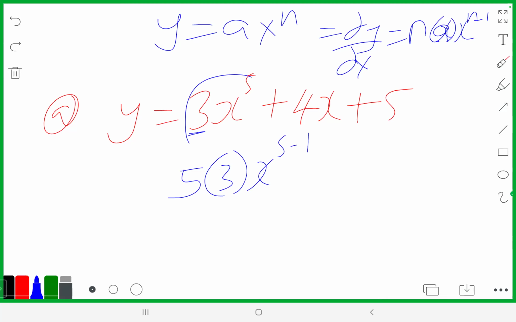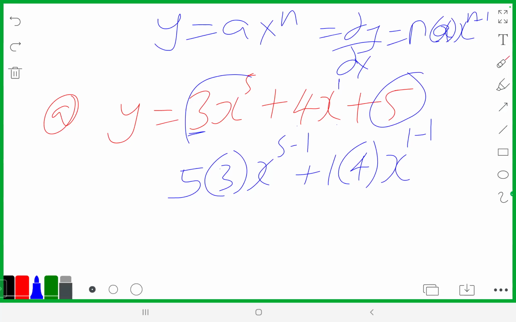And you know that this 4x, this x is raised to the power invisible 1, yeah? So plus, you drop the power 1 times 4, the constant, x to the power 1 minus 1. Is that clear? Yes. And get it that every time you're differentiating constants, any number that doesn't have the variable, in this case that doesn't have a letter, it's 0, okay?